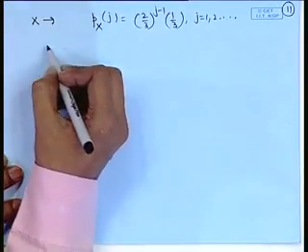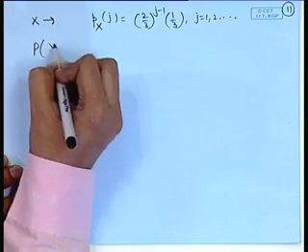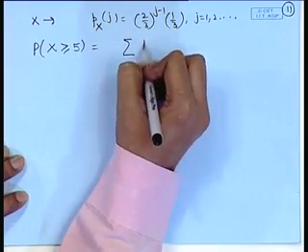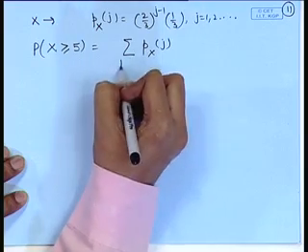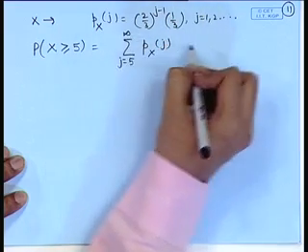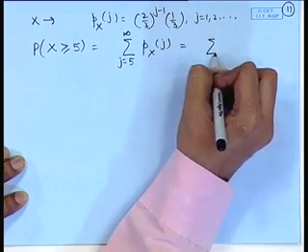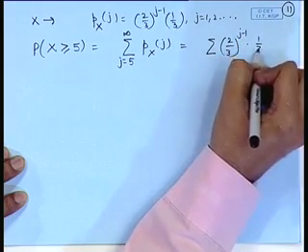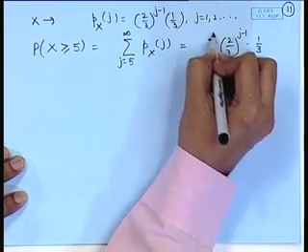So, what is required here is the probability X greater than or equal to 5. That means sigma P(X equal to j), j equal to 5 to infinity, which is equal to sigma (2 by 3) to the power j minus 1 times 1 by 3, j equal to 5 to infinity.